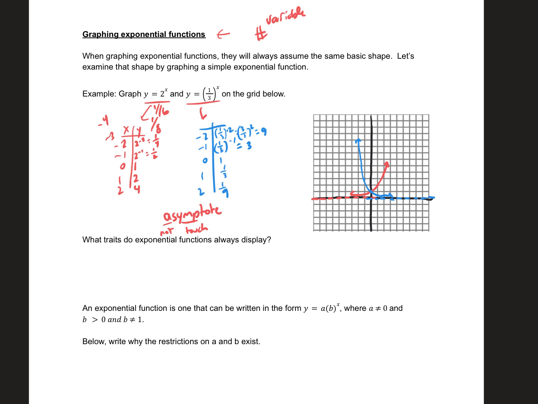When you draw an exponential function, it's always going to be increasingly steep on one side, and it's going to flatten out toward a horizontal asymptote on the other. So the growth shape, the decay shape.